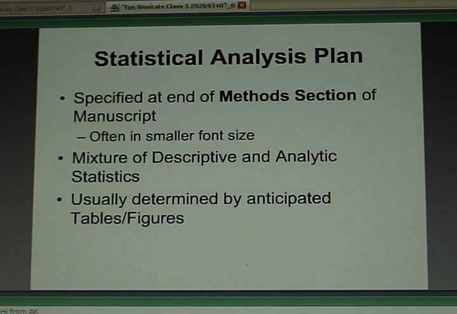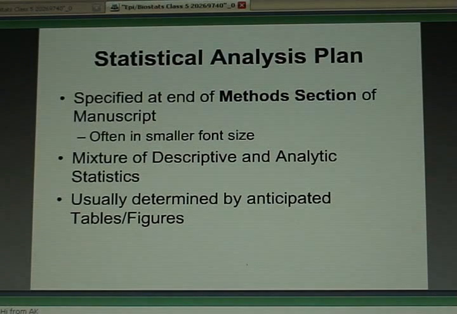So let's talk about the method section and the statistical analysis plan. And usually the analysis plan contains 2 things. There's some descriptive statistics that give the reader an idea of who was in this study, what those people were like in terms of their age and their sex and their other conditions.